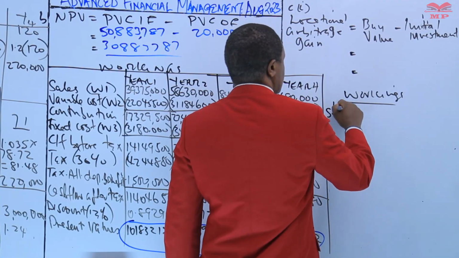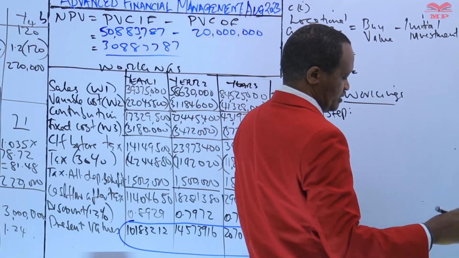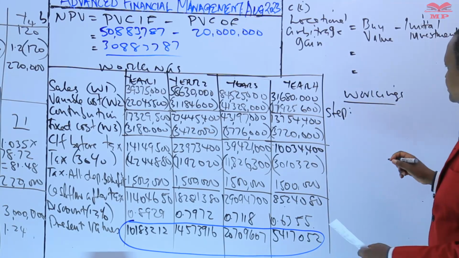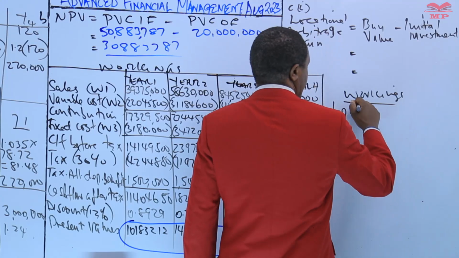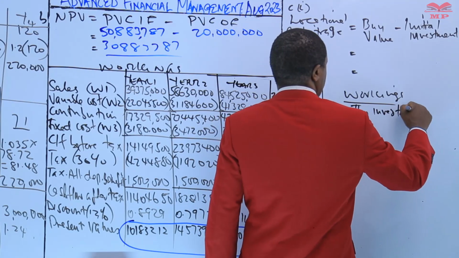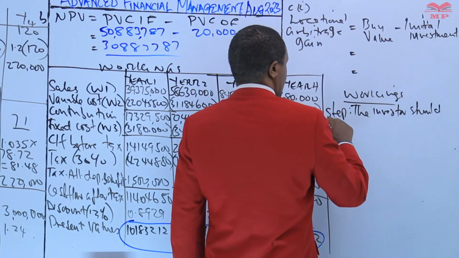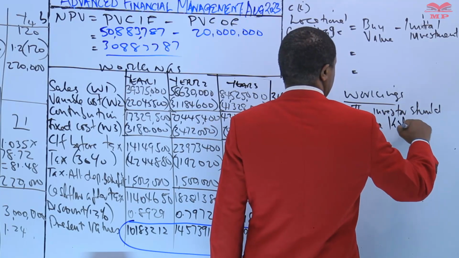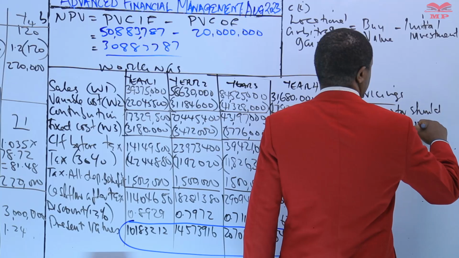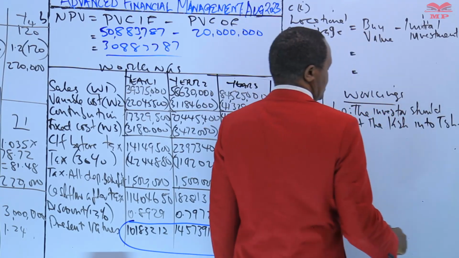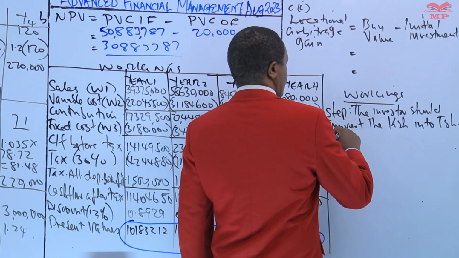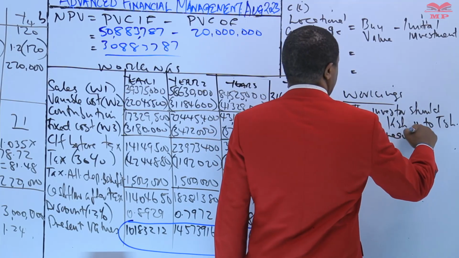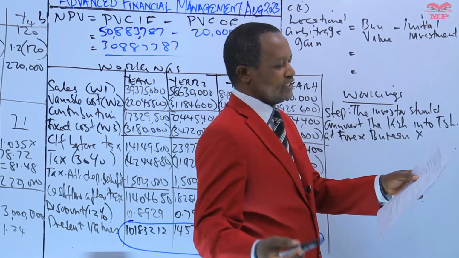Step one, the investor should convert the Kenya shillings into Tanzania shillings at Forex Bureau X, because the exchange rate is 0.09.